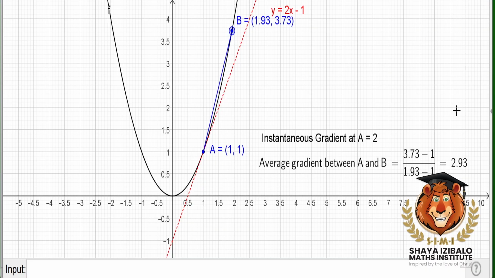Okay, so what we've got over here is a parabola, y equals x squared, and at the point 1, 1, we've got the tangent line drawn in, and that's indicating the instantaneous gradient at the point A. The instantaneous gradient is 2, and we can see that the equation of that line is y equals 2x minus 1.